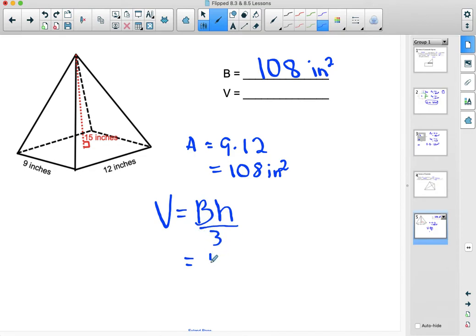So big B is 108. The area of the base is 108 square inches. The height is the distance between the base and the point. That's 15 inches. And we will take that, multiply, and divide by 3. So 108 times 15, I'm going to cheat and use my calculator here really fast. 108 times 15 is 1,620.